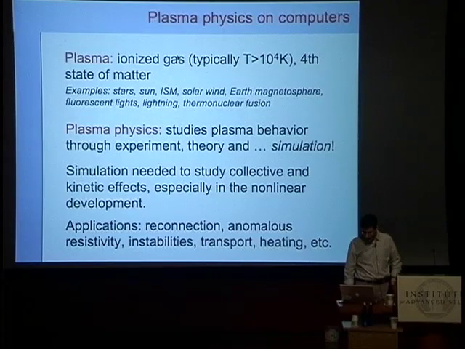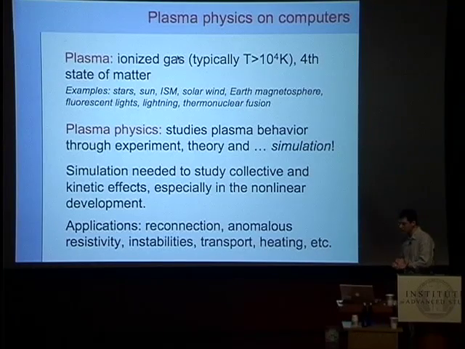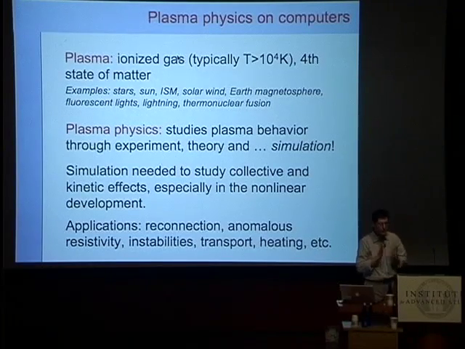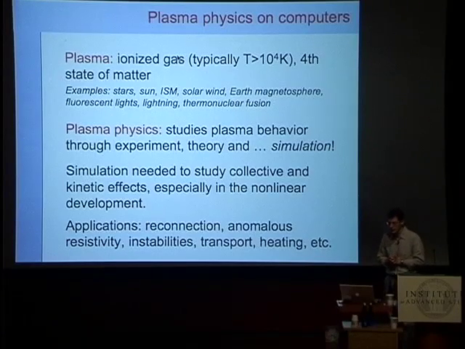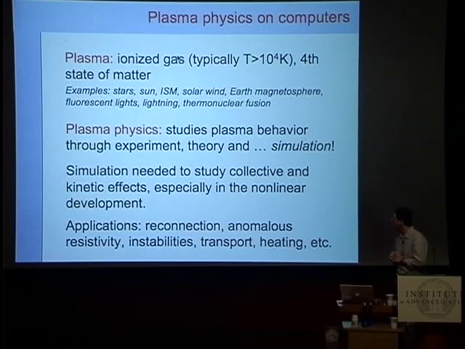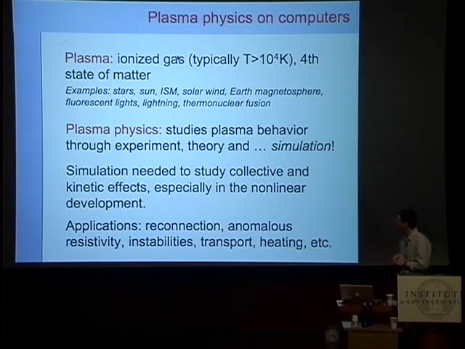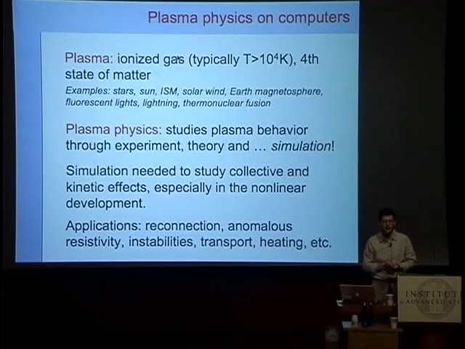OK, so of course, as you all know, plasma is the fourth state of matter, ionized gas, which is permeating most of the universe. And what we want to understand with plasma physics is the peculiar properties of ionized gases that appear when you abstract from just single particle motion, and actually look at collective effects that happen in the plasma.